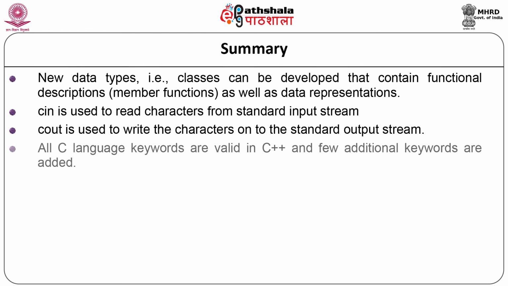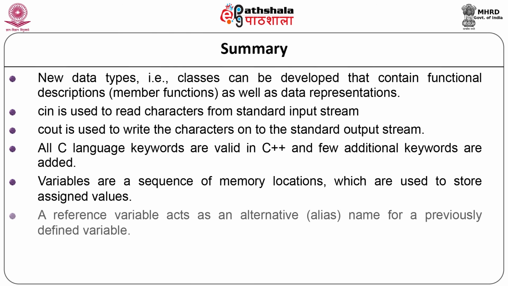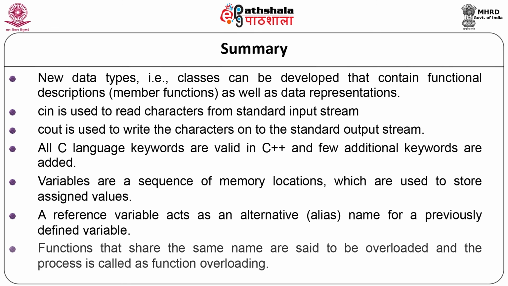All C language keywords are valid in C++ and a few additional keywords are added in C++. Variables are a sequence of memory locations which are used to store assigned values. A reference variable acts as an alternative name for a previously defined variable. Functions that share the same name are said to be overloaded and the process is called function overloading.